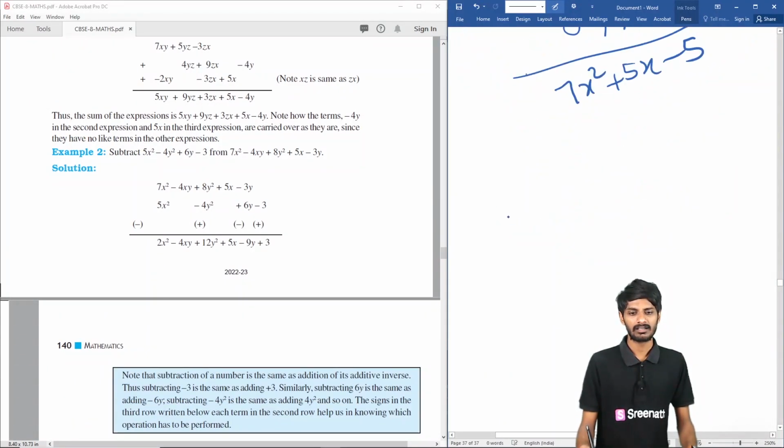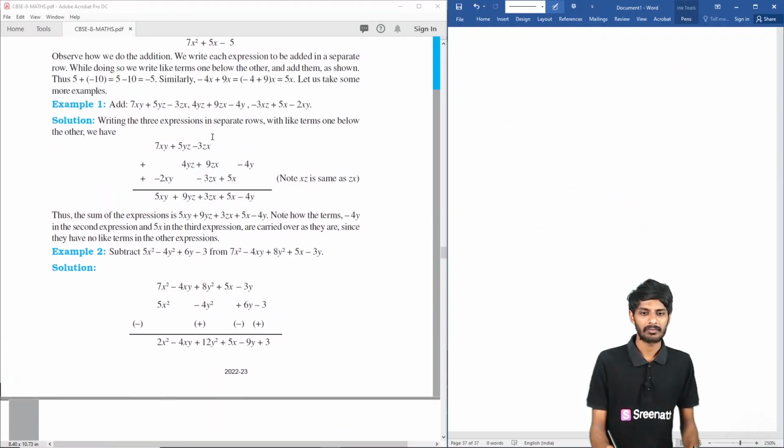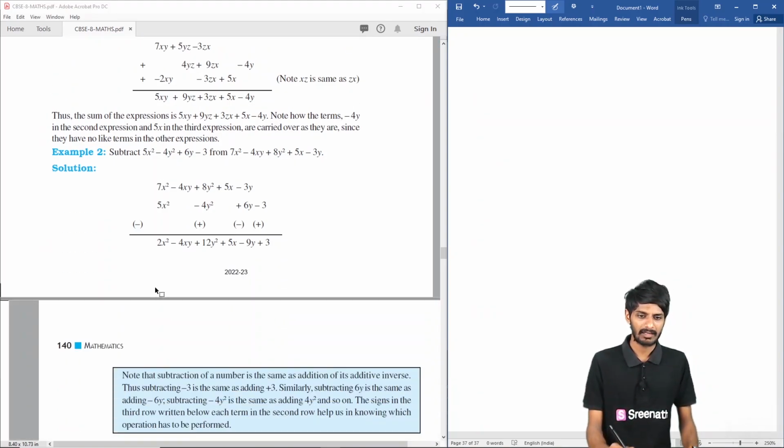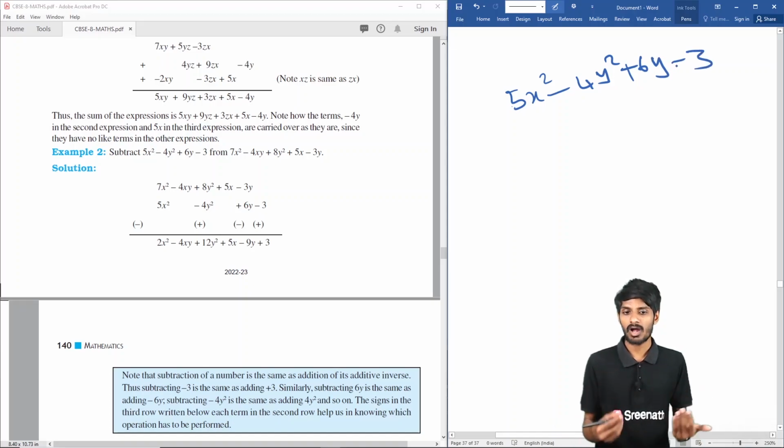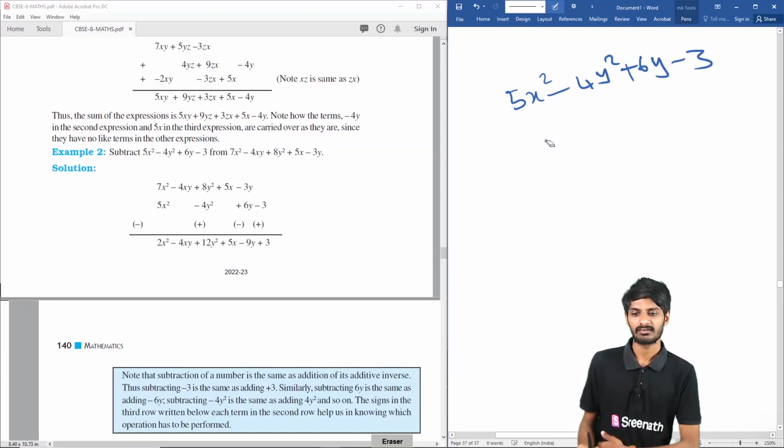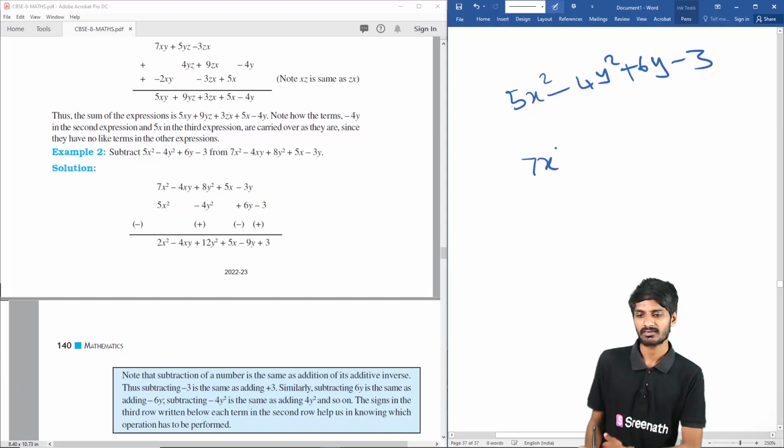And I will do this subtraction. As I helped you to add, I will help you to subtract. So we have to subtract 5x square minus 4y square plus 6y minus 3 from 7x square minus 4xy plus 8y square plus 5x minus 3y.